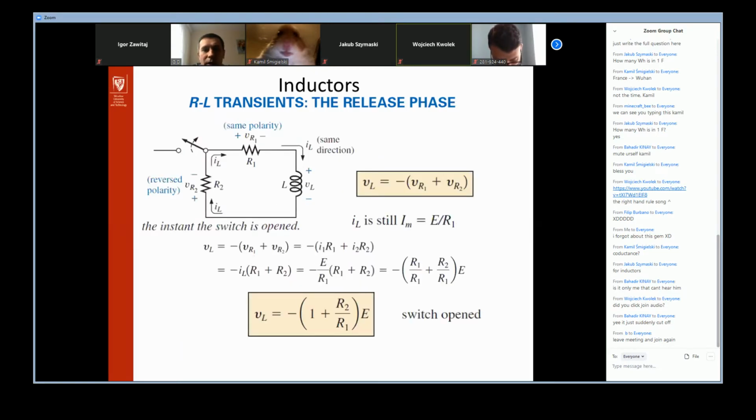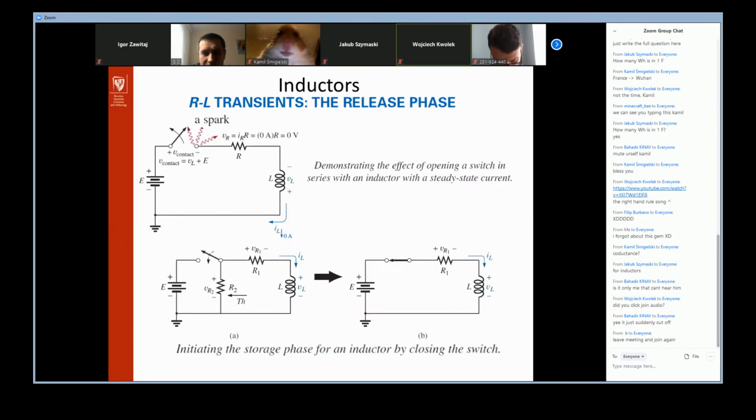Okay, what else? For example, if we have that situation, that circuit, as you see at the bottom of the screen, first of all we have the initial storage phase when we close this switch. What happened there?